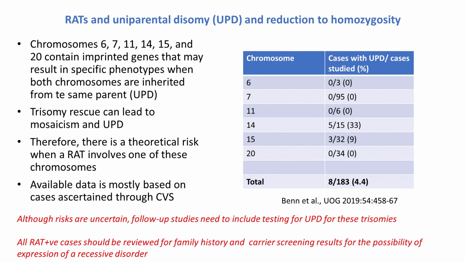So you need to be thinking about, is there any family history of any genetic disorders? Have you done a universal or expanded carrier screening? And was the patient a carrier for any, or the father a carrier for any of these, for anything on any of the chromosomes that may be involved? So very careful evaluation here is required for these cases.